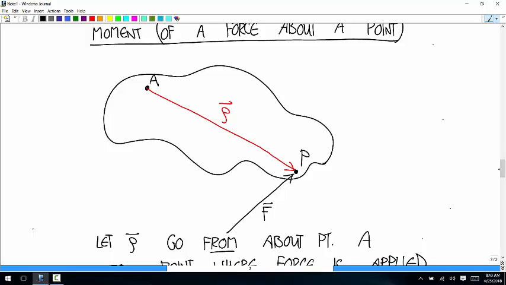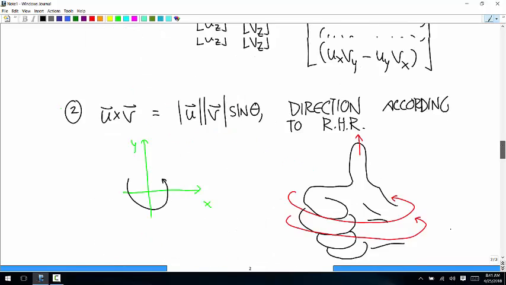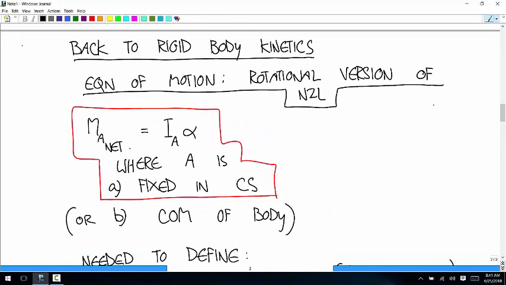You said the tendency to rotate. Yeah. I mean, there could be friction, but we deal with that separately. But it's an angular acceleration because it goes with this equation.